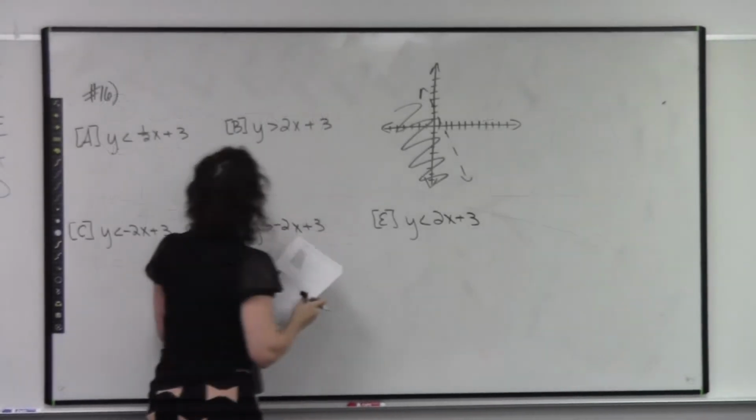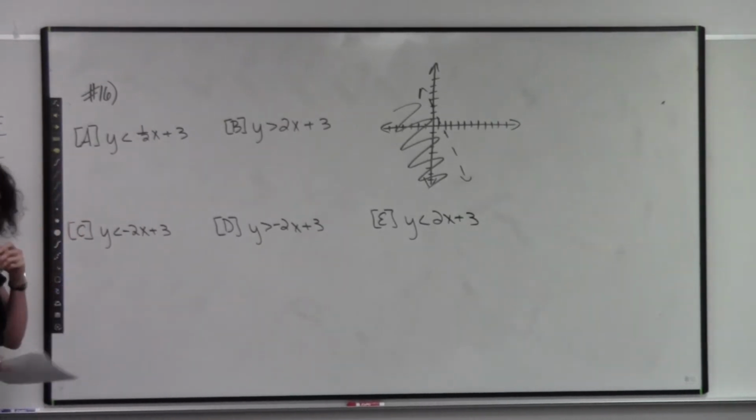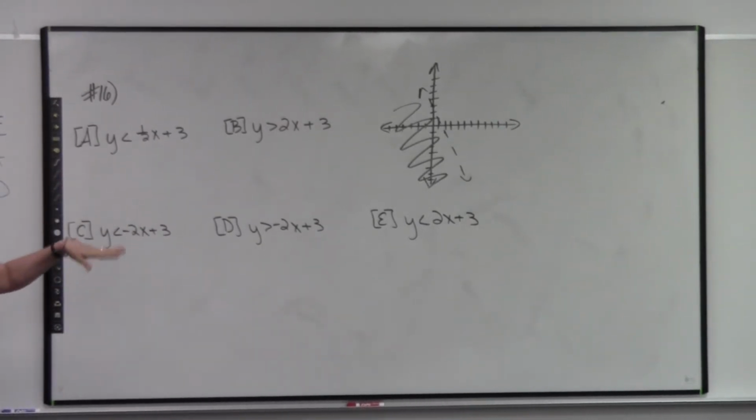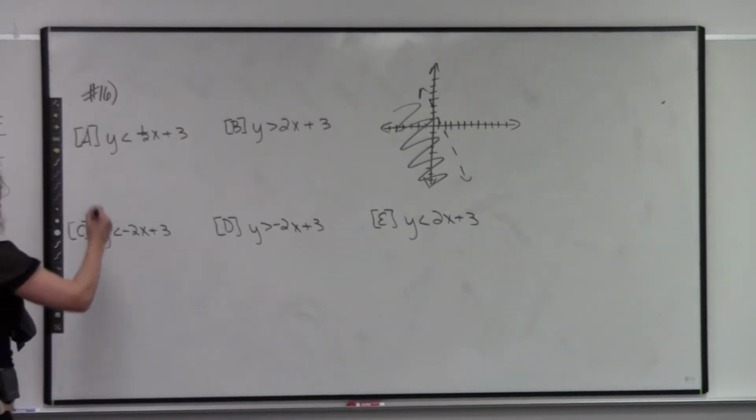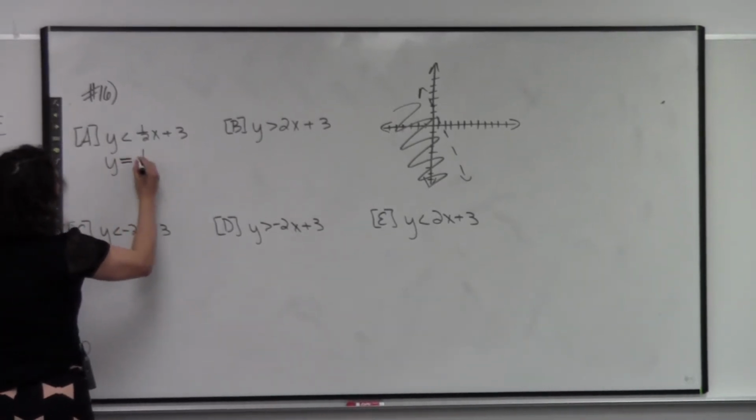All right, so I'm looking at problem 16, and I'm looking at my options and the picture. I remember when we graphed linear inequalities, our first step always was to pretend that we had equals. Y'all remember that? So I'm going to pretend like I have equals in each one of these.